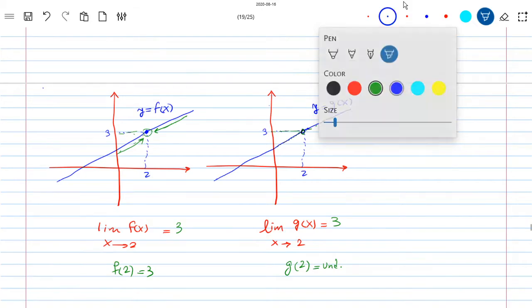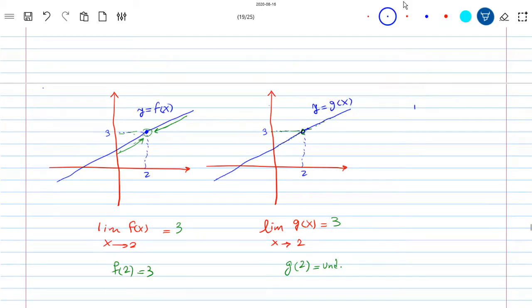That means here's this idea that if f equals g almost everywhere, I should say everywhere except at x equal to a, and in this case a is 2, then the limit of f equals the limit of g as x approaches a.